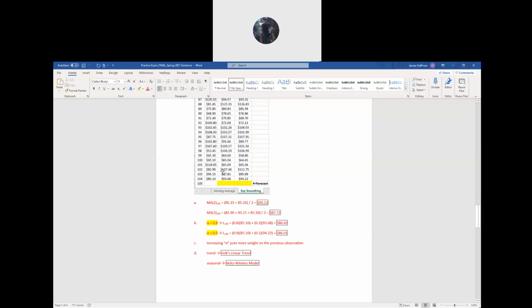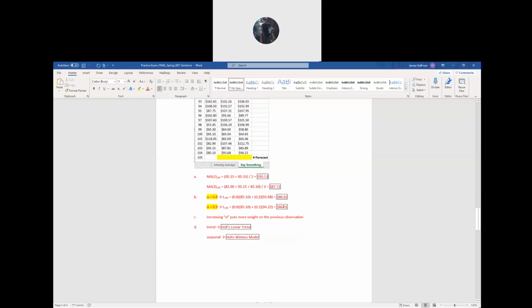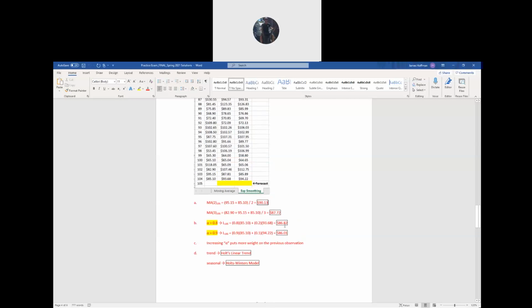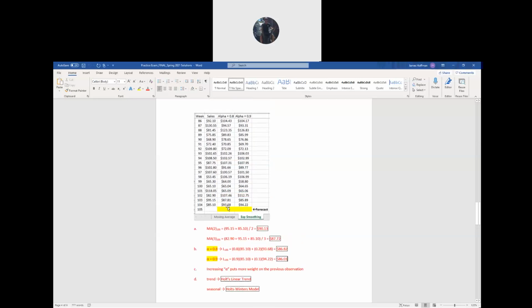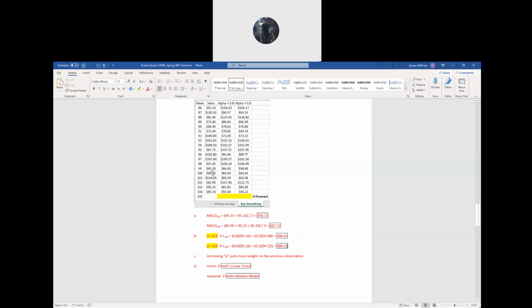Double check that your answers make sense given the numbers you see. If you got like 5 million or negative 10, then something's wrong. So make sure that the numbers at least fit what you see here in the columns.